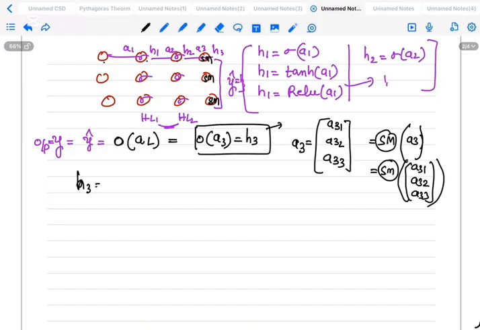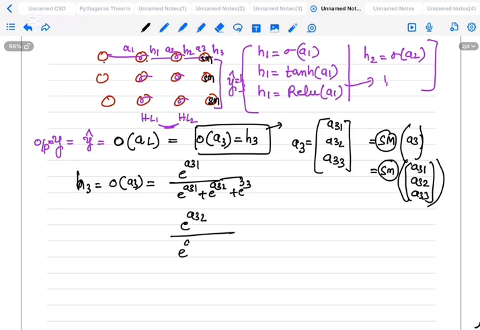How to write the softmax function? H3 equals softmax of A3, which is e power A31 divided by e power A31 plus e power A32 plus e power A33, and e power A32 divided by e power A31 plus e power A32 plus e power A33, and e power A33 divided by e power A31 plus e power A32 plus e power A33.